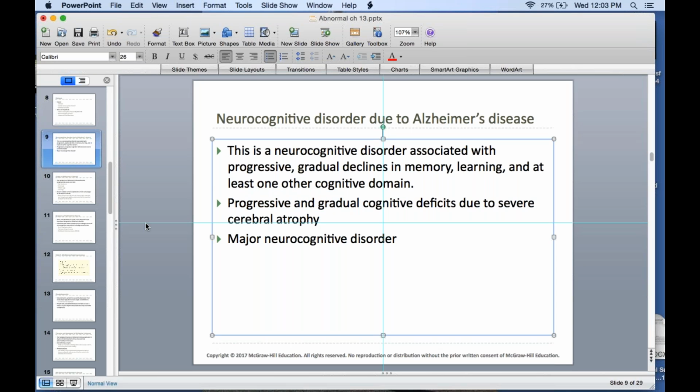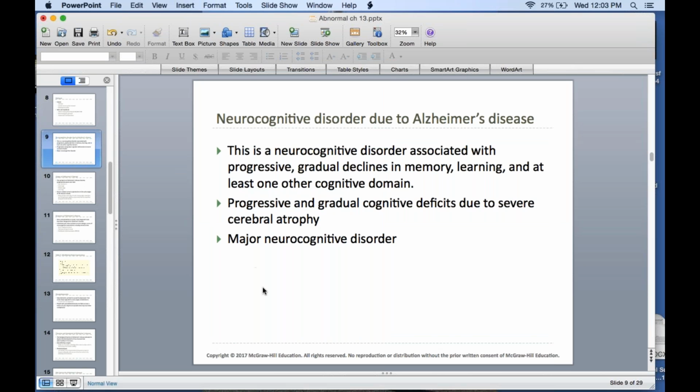If we had a chart, you'd have this sort of progressive line that went down like that. It's a progressive, gradual cognitive decline due to, honestly, severe cerebral atrophy.